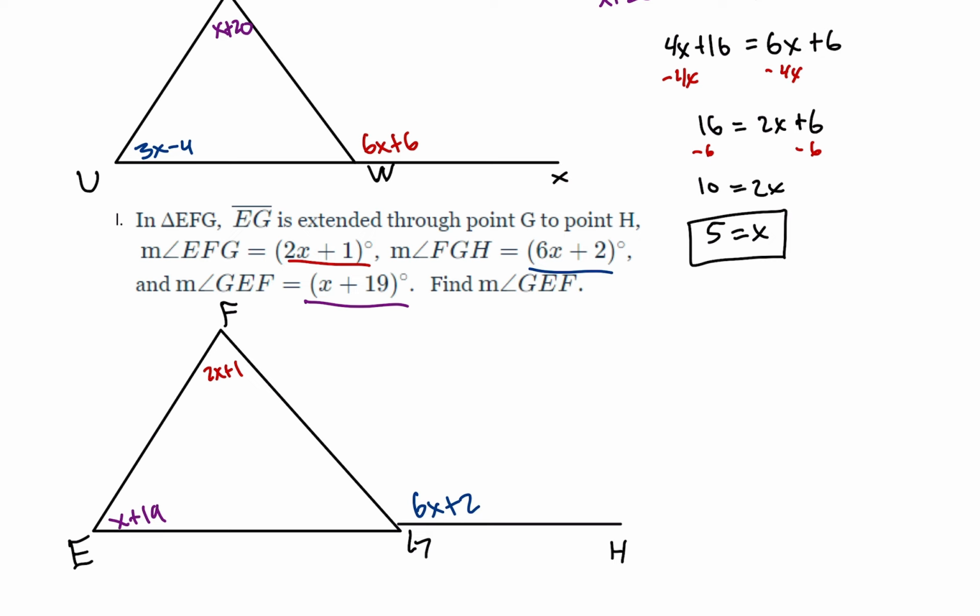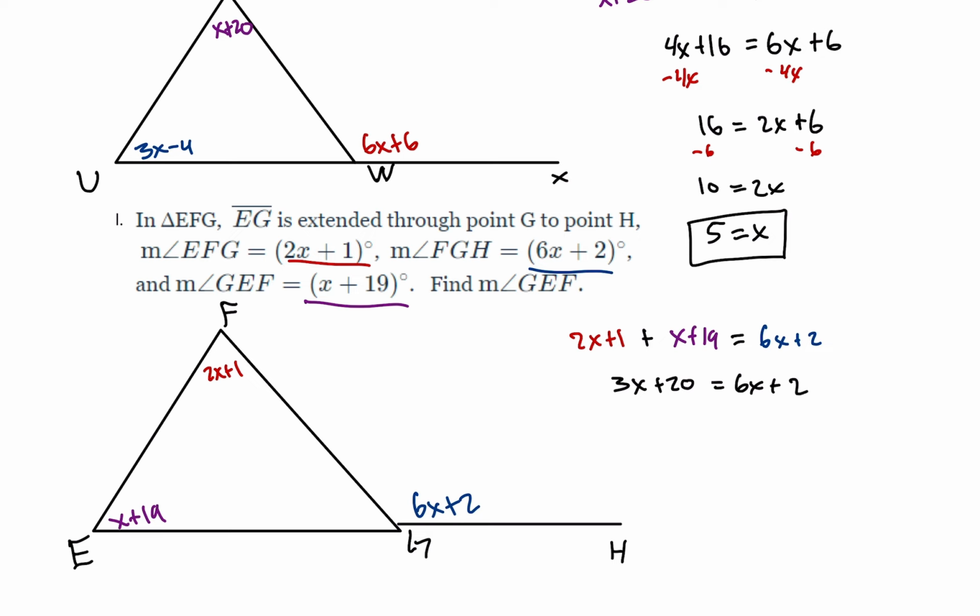So first I have to solve for x. I'm going to do that exactly how I did before. I've got 2x plus 1, and I'm going to add that to x plus 19. And that's going to equal my 6x plus 2. I combine like terms. I'm going to get 3x plus 20 is equal to 6x plus 2.